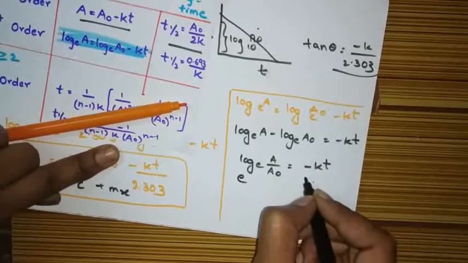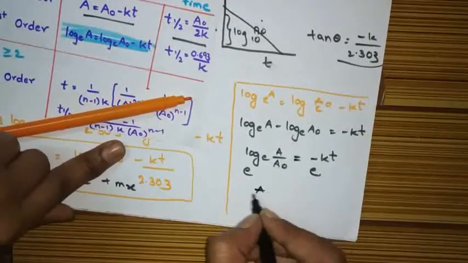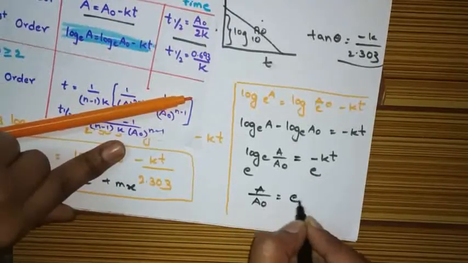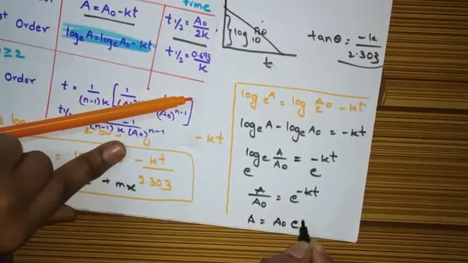Now take this in exponential form. You will get A upon A naught is equal to e to the power minus kt, and A is equal to A naught into e to the power minus kt.